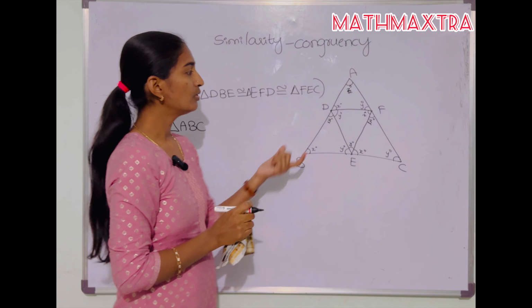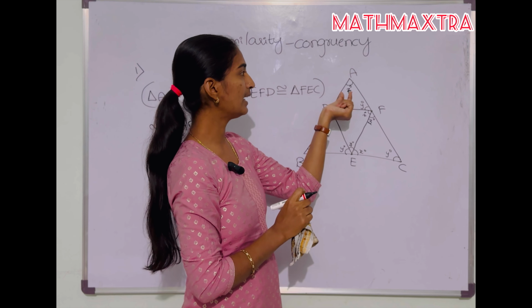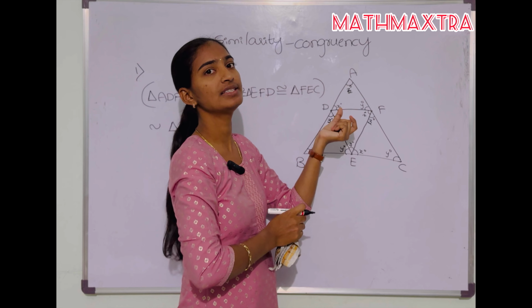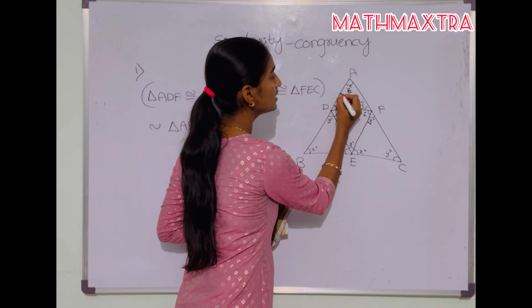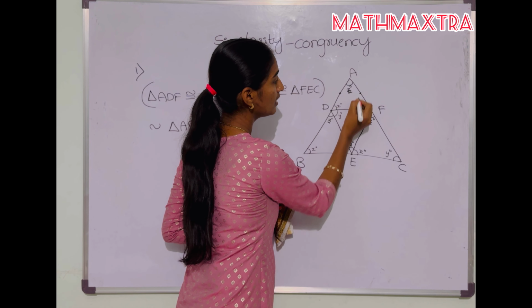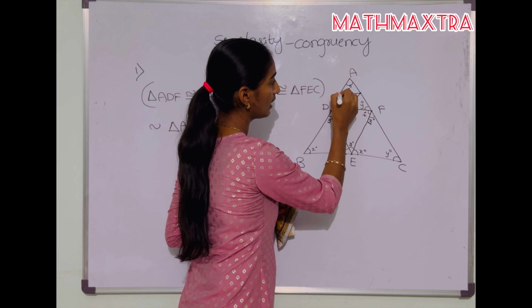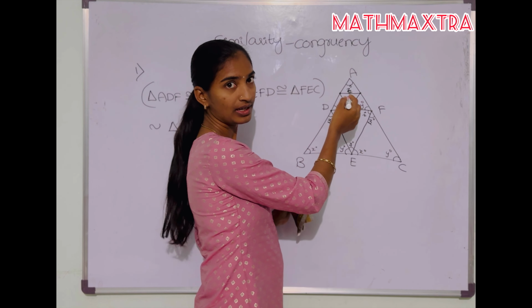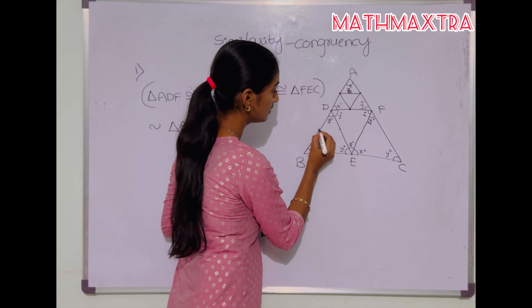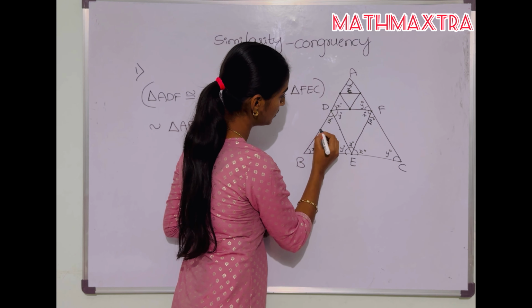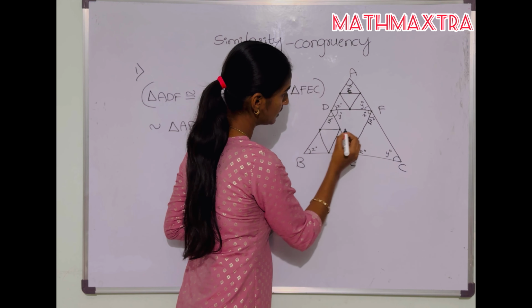If you continue by taking the midpoints of the sides in this also, and you join them, four more triangles are formed, and again four more triangles.